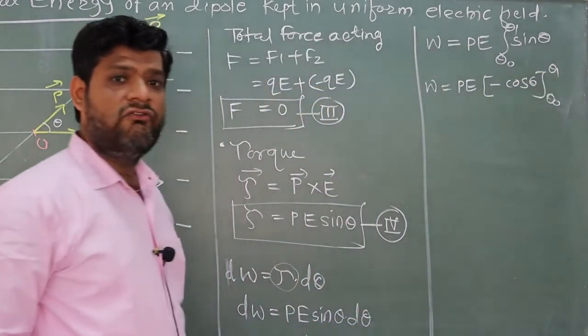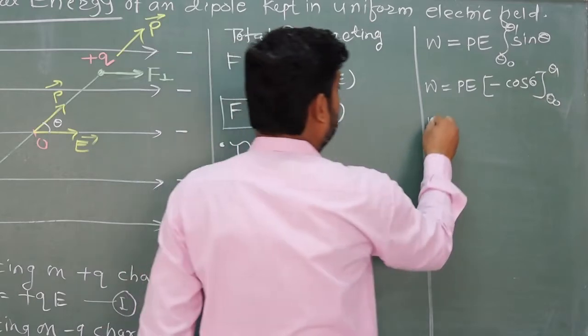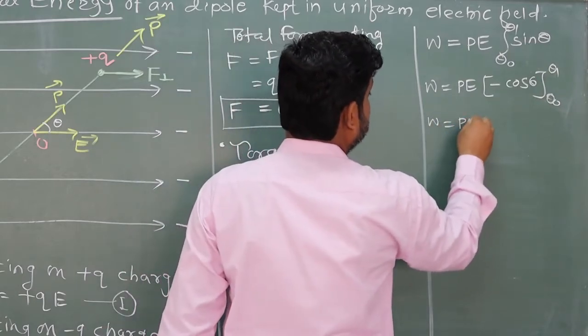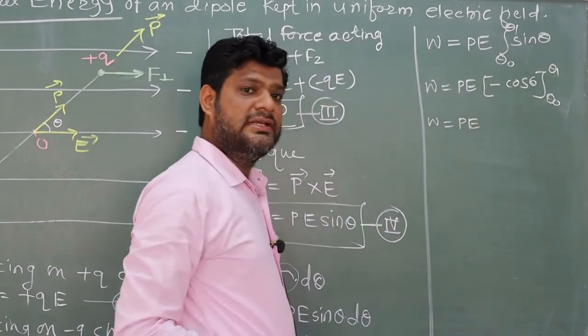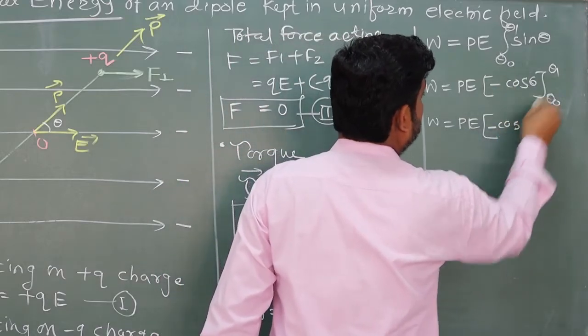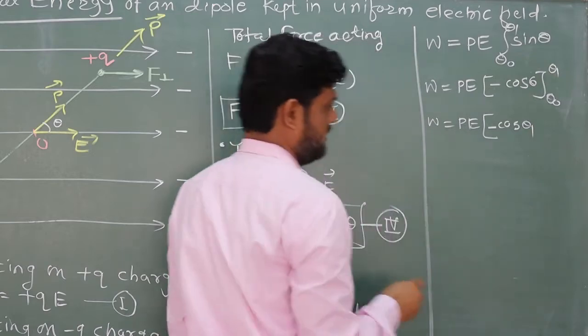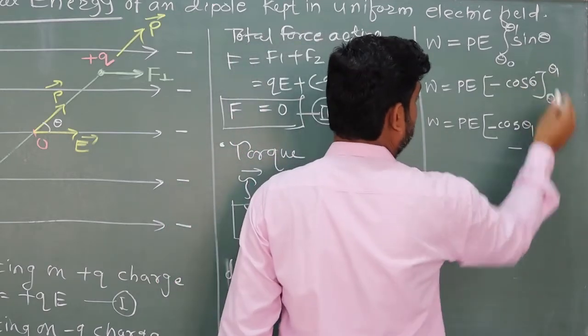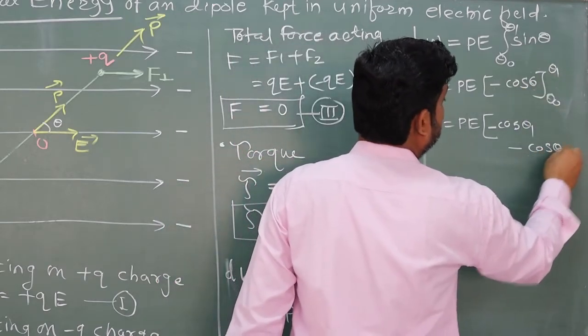Now putting the values, W equal to p e remains as it is, upper limit minus lower limit: minus cos theta 1, upper limit, minus, minus cos theta 0.